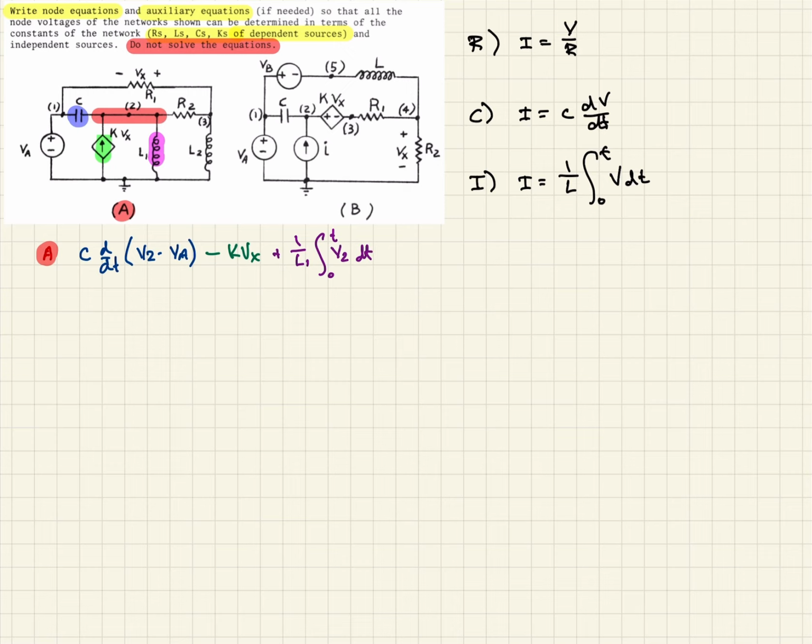And then finally, we have this resistor right here, and that is just the simple application of V2 minus V3 over R2. All the branches going out of node 2, we set all of that equal to 0.